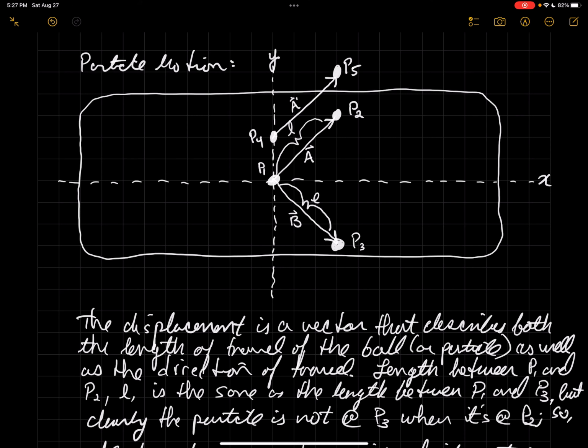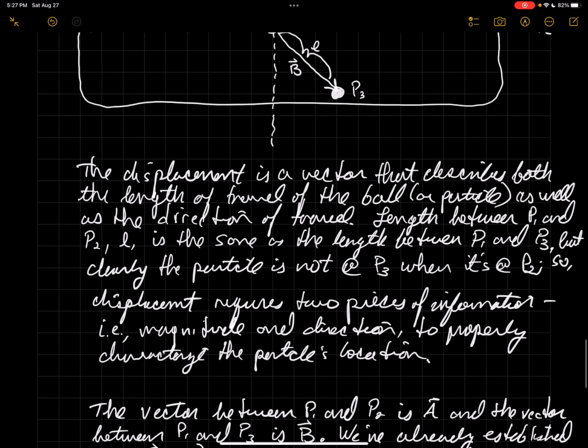Because vector A prime has the same magnitude and direction as vector A, we say these two vectors are equal to each other despite being in different locations along the plane.